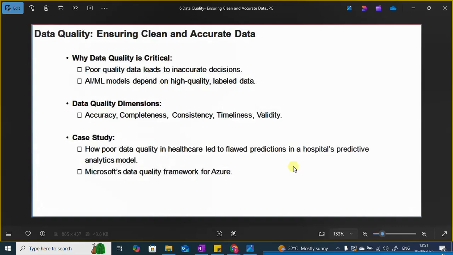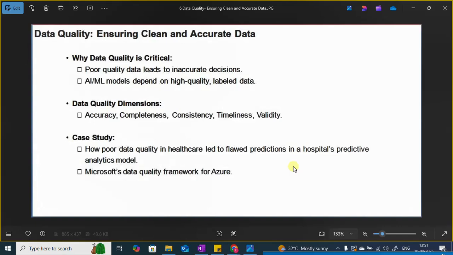Now the case study: how poor data quality in healthcare leads to flawed predictions in a hospital's predictive analytics model. Because in the hospital sector or medical domain, whenever we are building any data pipelines or model, data should be complete.